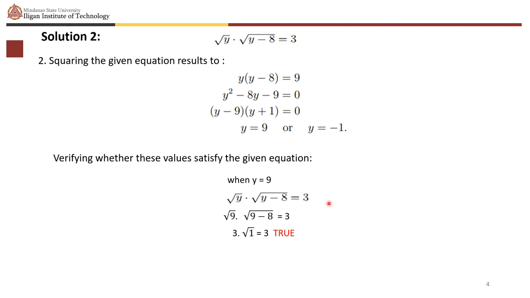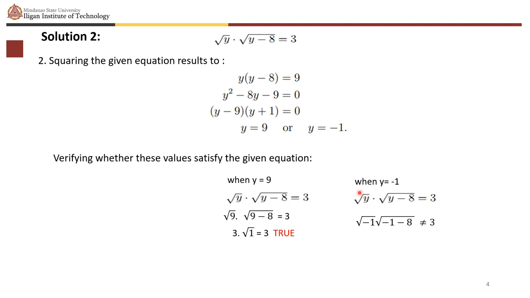How about when y is equal to negative 1? Let's see, when y is equal to negative 1, we have the following values. That is, you replace the value y with negative 1 here, but that is not equal to 3.